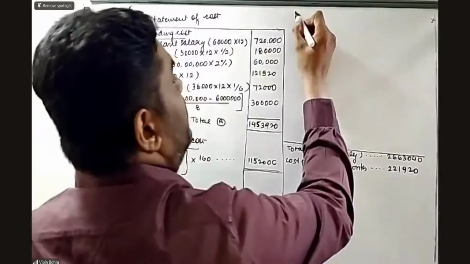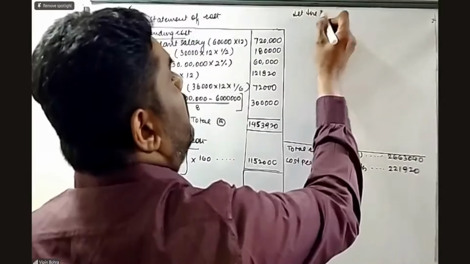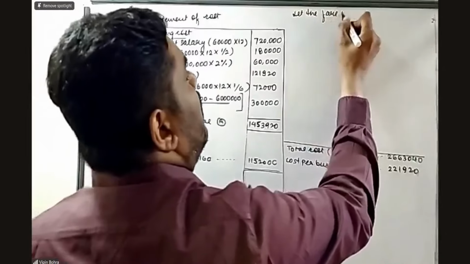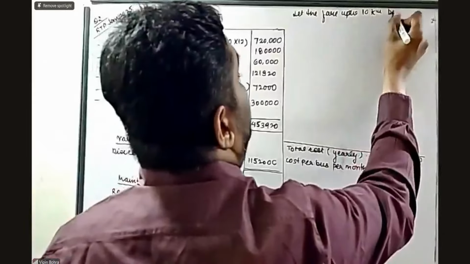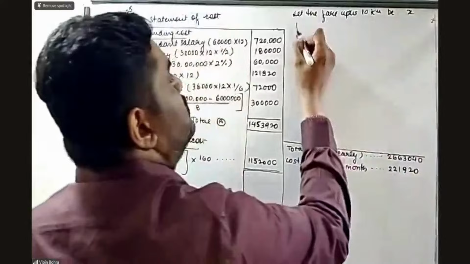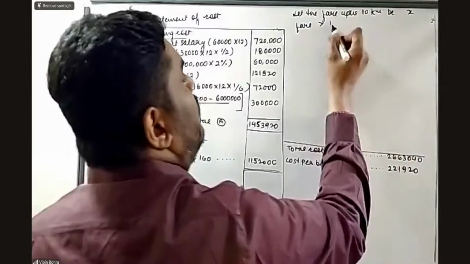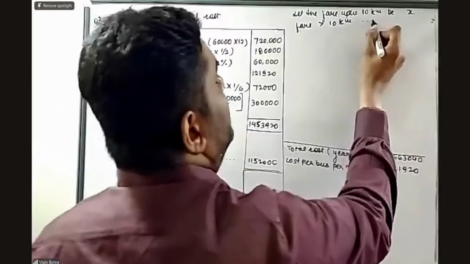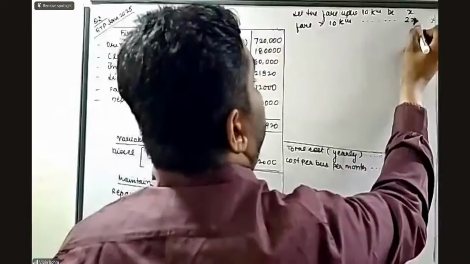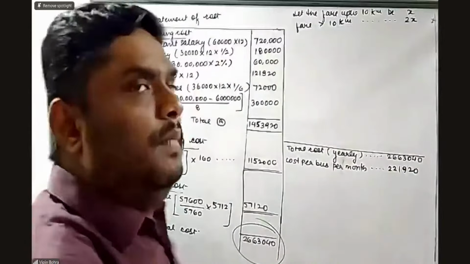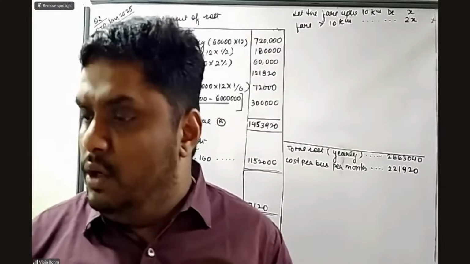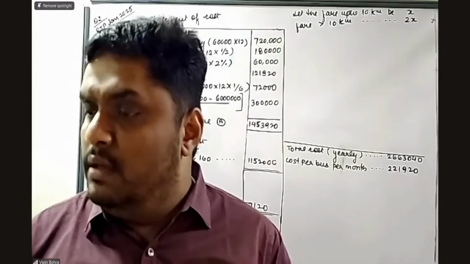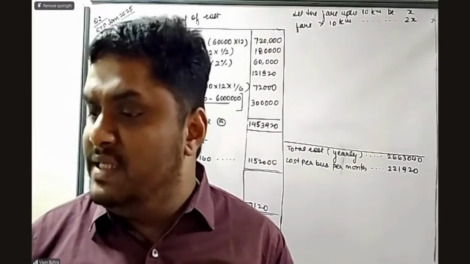Now see, let the fare up to 10 kilometers be X. So fare for more than 10 kilometers will be 2X. Now see, the seating capacity of the bus is total 30 students, and the average occupancy is 80%.